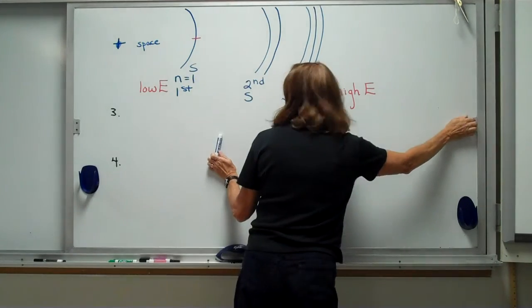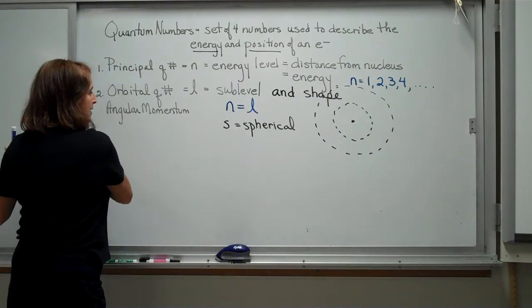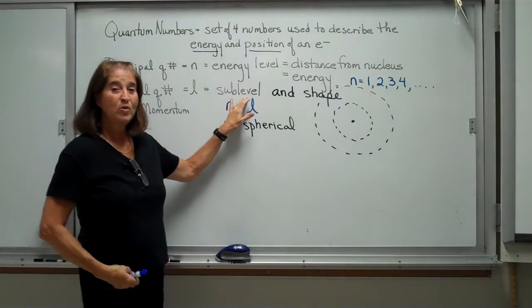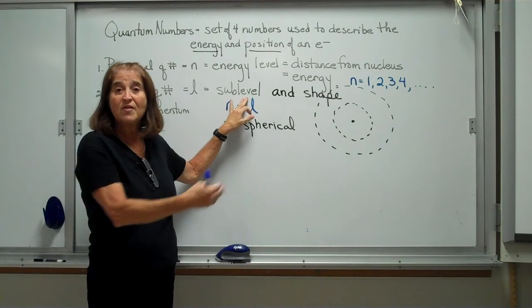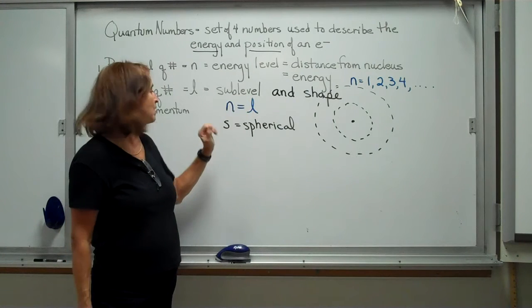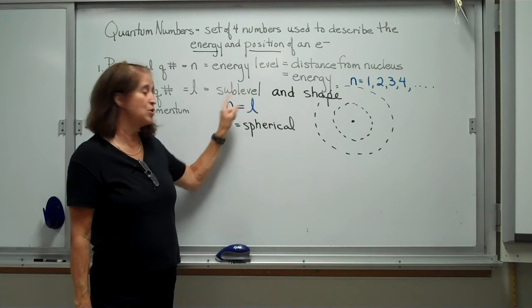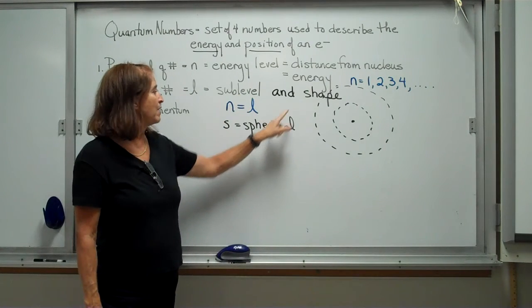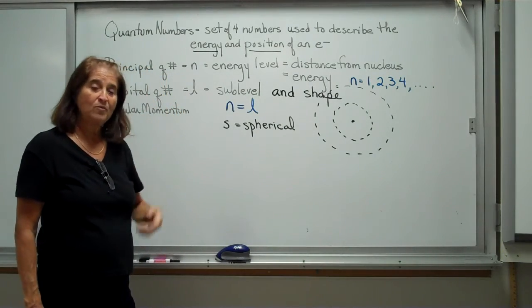Now, s is going to tell us the sublevel, which gives us some information about position. s sublevels are going to be closer to the nucleus than other sublevels. But it's not only going to help with positioning, it's going to tell us something about shape. s sublevels are spherical.